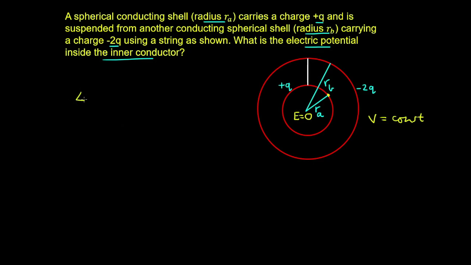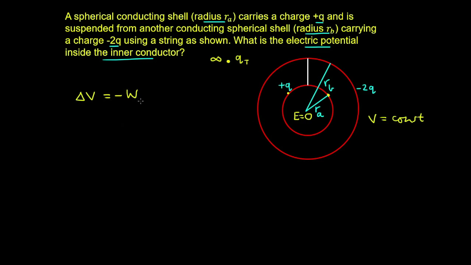So the change in electric potential is minus the work done by the electric force as some test charge moves from infinity to a point on the surface of the inner shell.